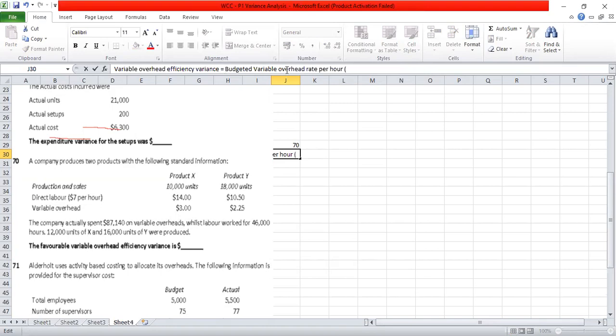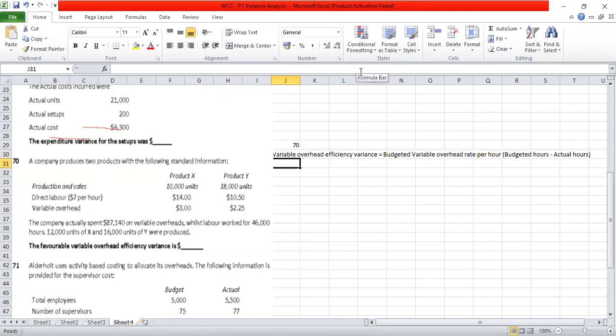This is applicable at the difference in the budgeted number of hours minus the actual hours. The difference between the hours has to be taken into consideration. The total hours applied at the budgeted variable overhead rate per hour, because we are calculating it for the number of hours. Do we have that information?